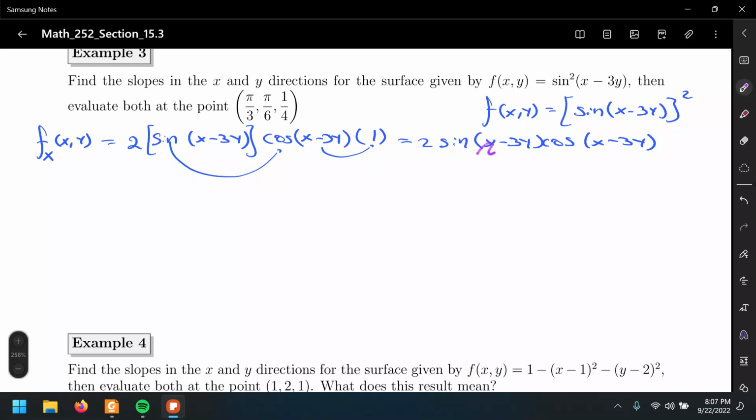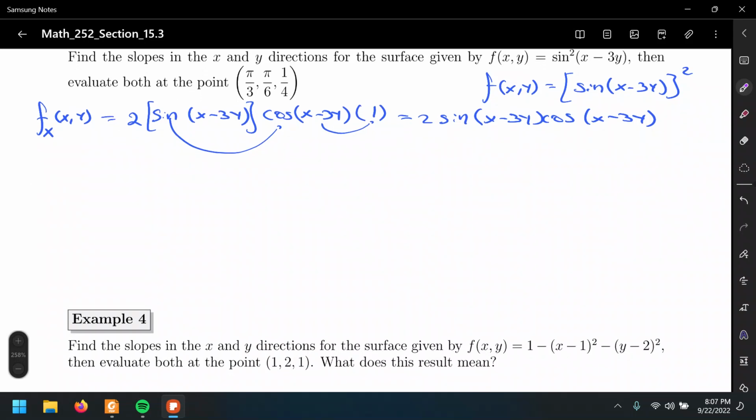This is 2 sine cosine, which is actually the double angle formula for sine. But again, you don't have to write it like this. We can just go with the original one. That's fine.